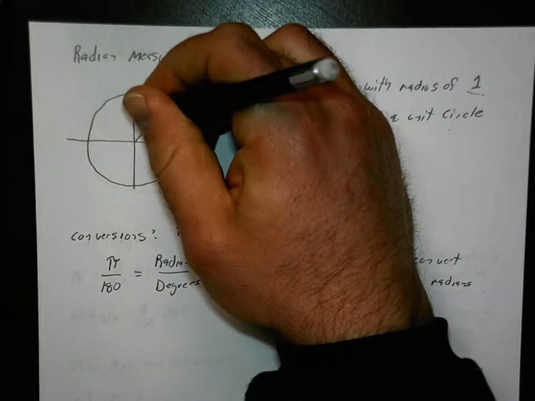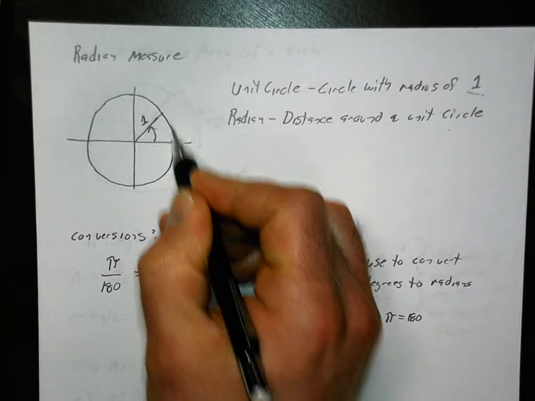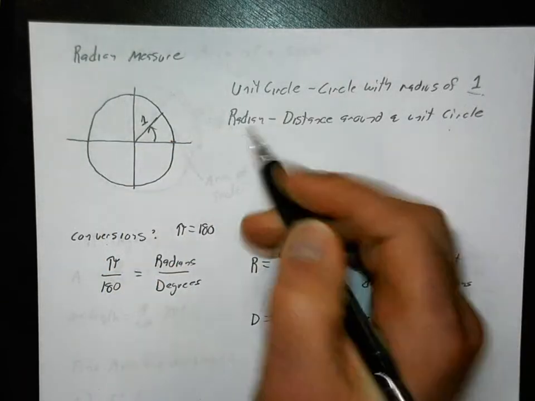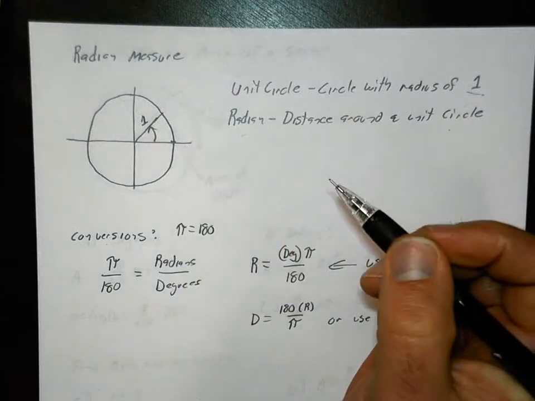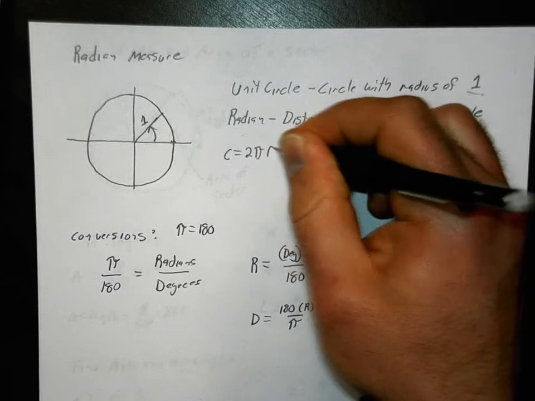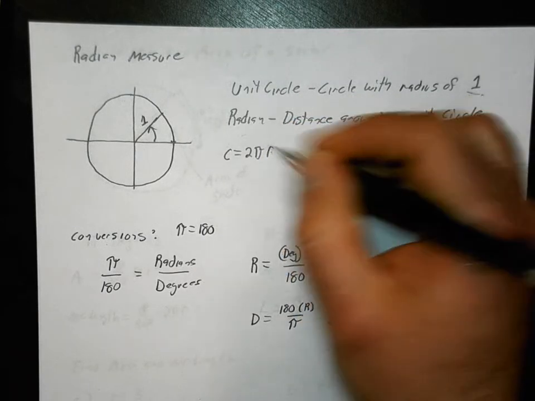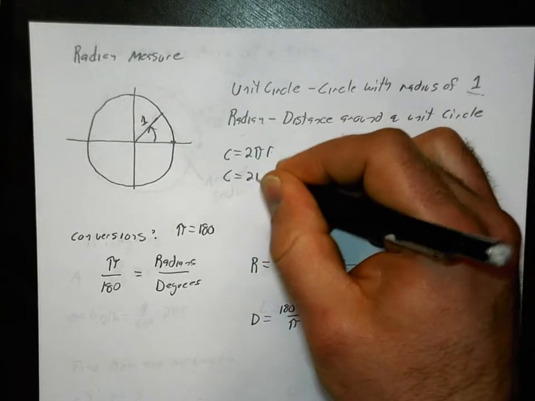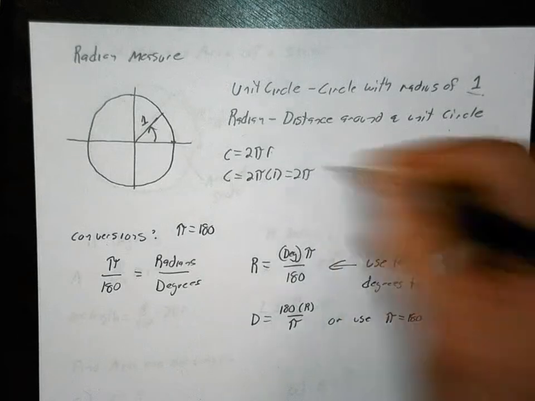So remember, if the radius is 1 here, what's the distance around a circle that's 1? Well, distance relates to circumference, because circumference is distance around a circle. The circumference of a circle is 2 pi r, 2 pi times the radius. Okay, well, if the radius is 1, the circumference of this circle would be 2 pi times 1, or just 2 pi.